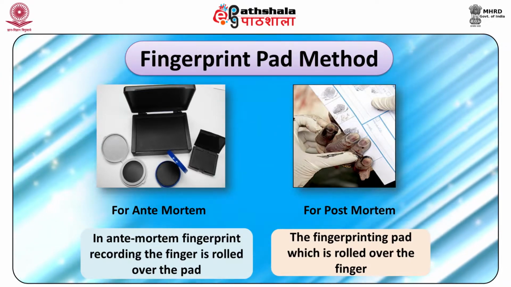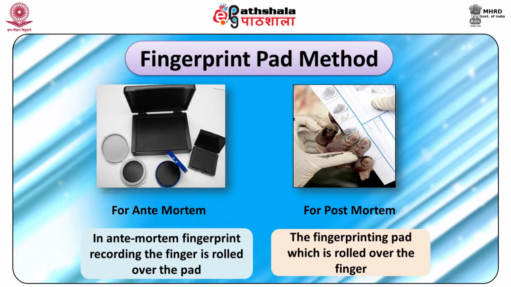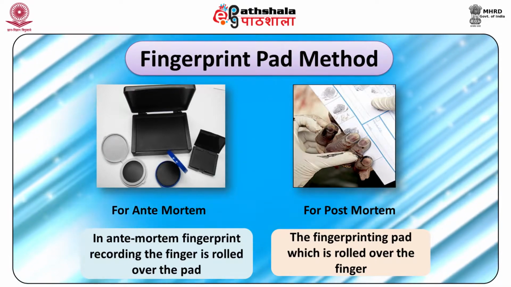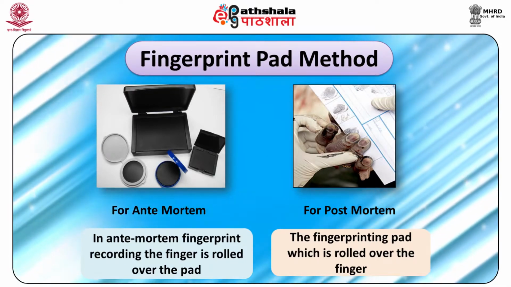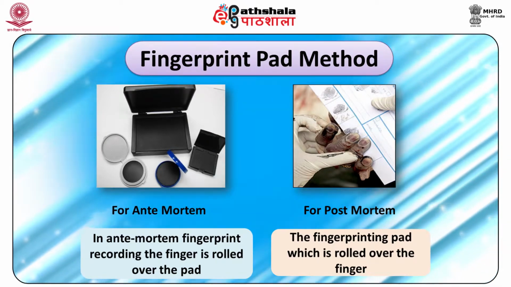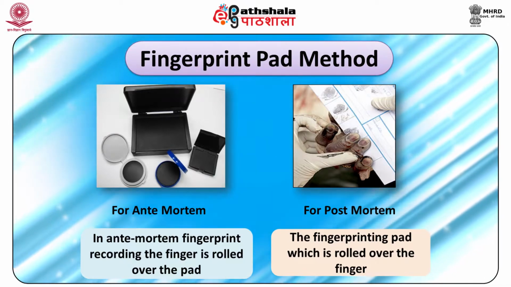For this purpose, it is more convenient to use a single-digit fingerprint pad rather than a large conventional one. This method may be tried out only if the fingers are sufficiently flexible.